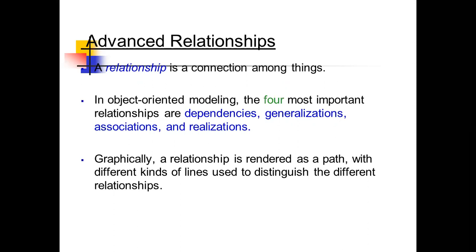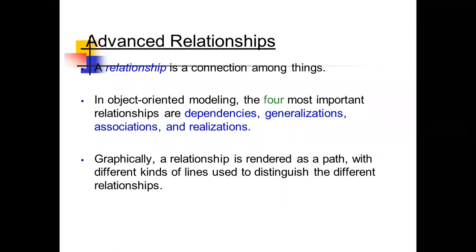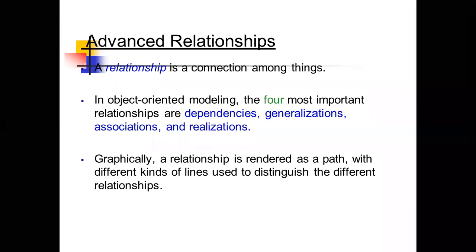There are four kinds of relationships. The first one is dependencies, that means uses. Then generalization, that means inheritance, is-a. Then association, that defines the relationship. Then the fourth one is aggregation, that is whole-part.